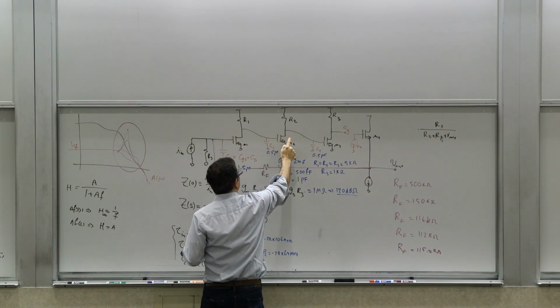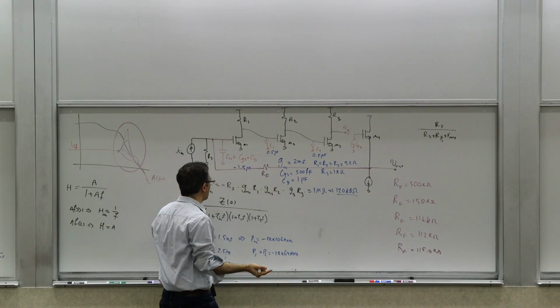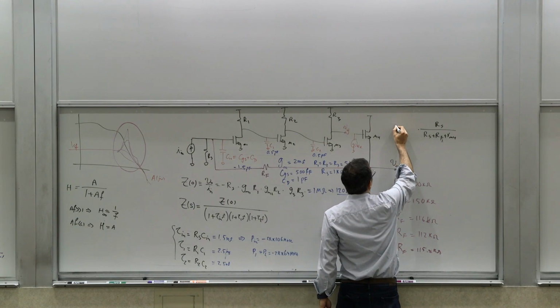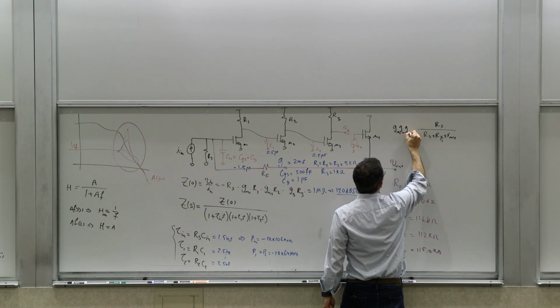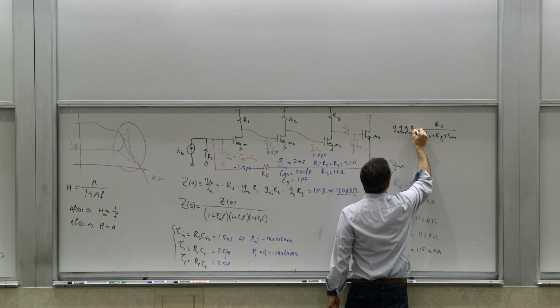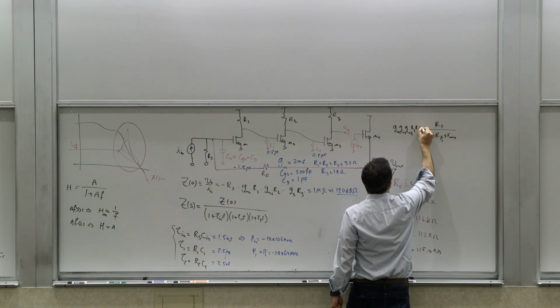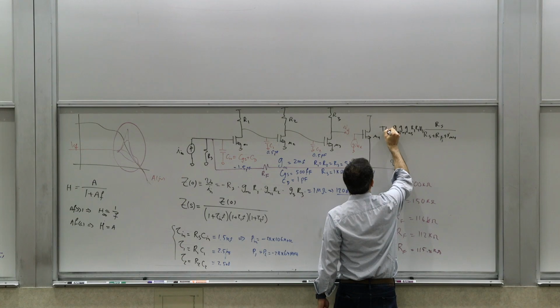And after that, you have the gain of the 3 stages. So the low frequency part of it is GM1, GM2, GM3, R1, R2, R3 times this divider. So that's basically your T0.